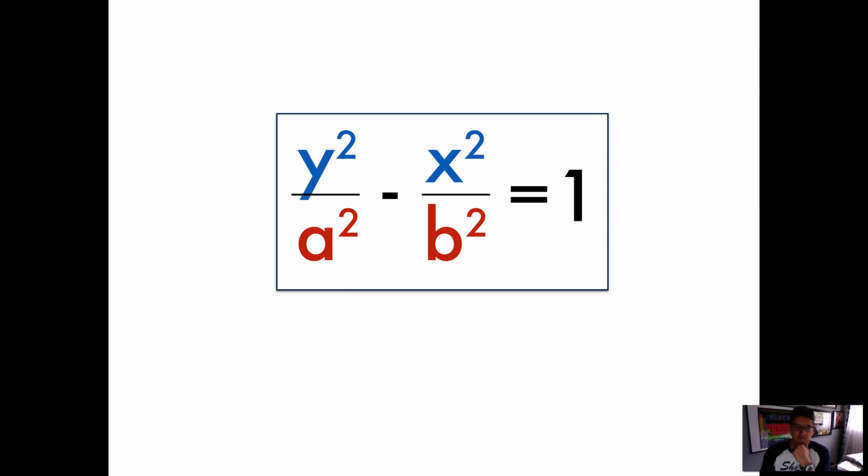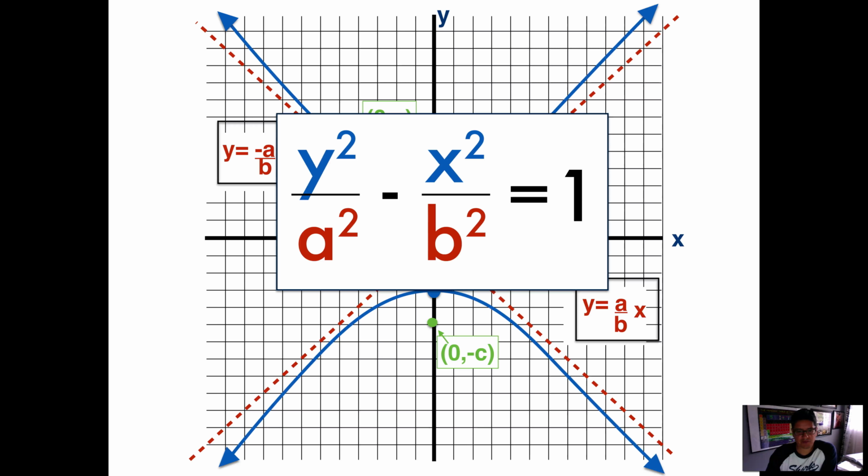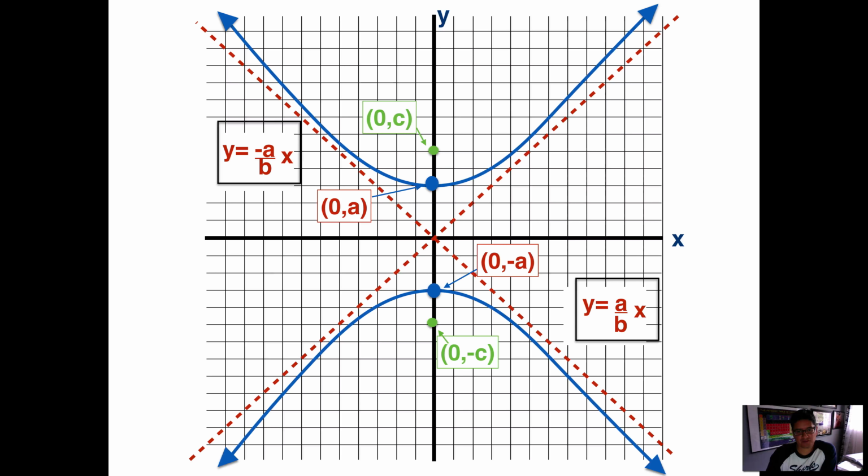So let's take a look at the other form of this equation, our vertical hyperbola. You have y squared over a squared minus x squared over b squared equals 1. And that particular graph is going to look like this. You'll notice our hyperbola is now opening up and opening down. And our foci are now 0, c, because now it's on the y-axis, so our x coordinate is 0 on both.